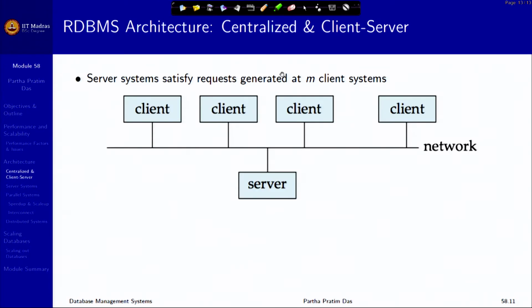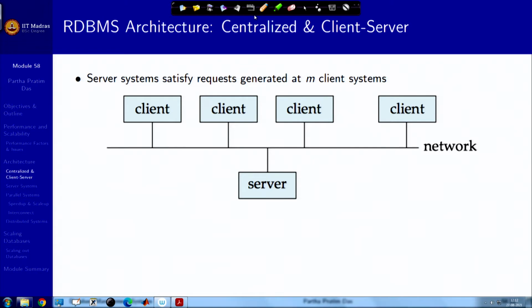Now, what is more common is a client server architecture, where you have a network which separates the client and the server. The client is who is asking for a request, and the server is who is providing that request.